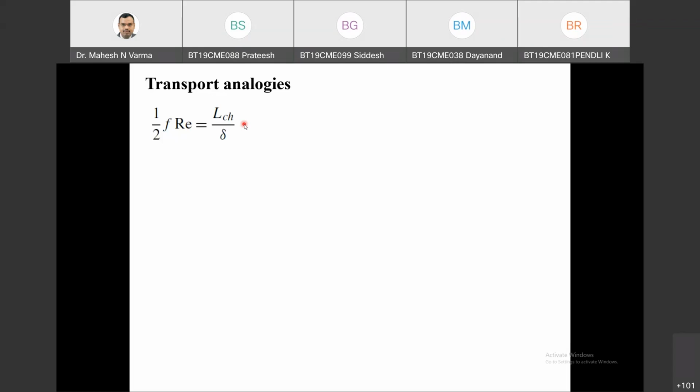It doesn't mean you cannot use length in Reynolds number for flow through a pipe. You can. But then you cannot say that if Reynolds number is less than 2100 it is laminar flow, and if it is greater than 2100 it is turbulent flow, because you have altogether changed the definition of characteristic length.